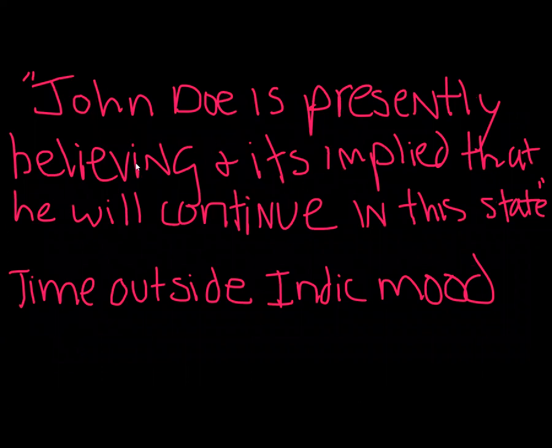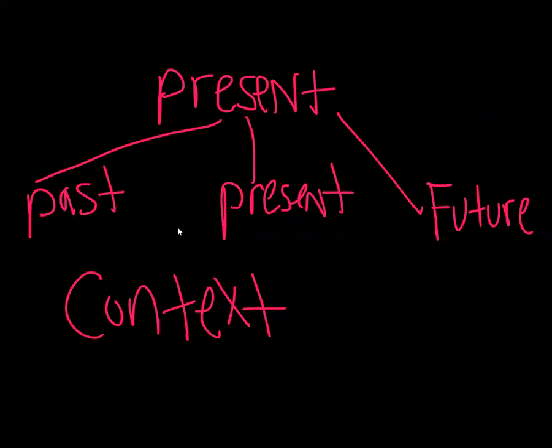All right, so this is how it works. John Doe is presently believing, and it's implied that he will continue in this state. That's the type of stuff you hear all the time whenever they see a present tense verb. They say that that's implied. But one thing you have to understand is that most grammarians agree that, except for Stanley Porter, I think, there's no time outside of the indicative mood.